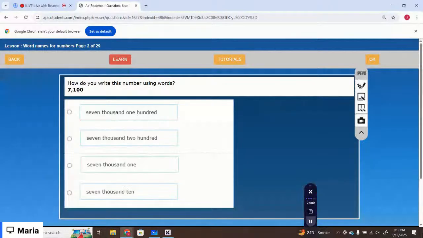How do you write this number using words? 7,100. Option number 1 is the correct option.